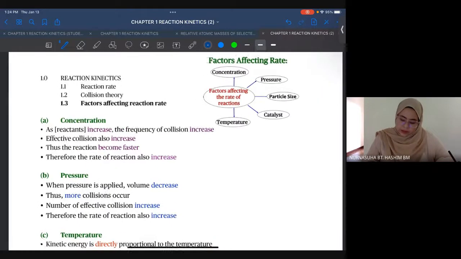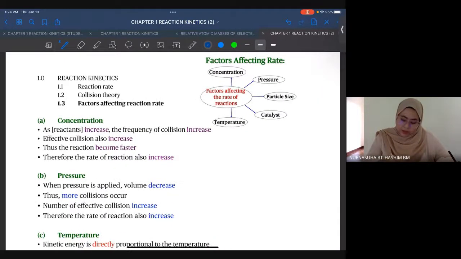Okay, kita pergi pada last subtopik iaitu factors affecting reaction rate. Yang ni pun madam rasa juga dah pernah belajar sebelum ini. Di mana kita akan tengok how concentration, pressure, particle size, catalyst and temperature affect rate of reaction.